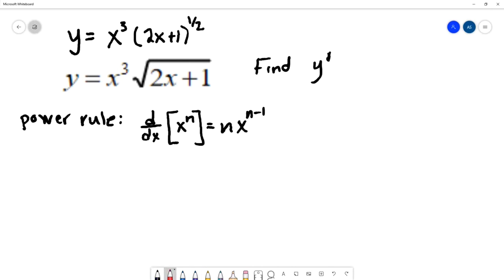Another thing I notice is that I've got multiplication. And multiplication is a product, and I've got a variable inside of this factor and a variable inside of this factor. So I'm going to be forced to use the product rule for derivatives as well.